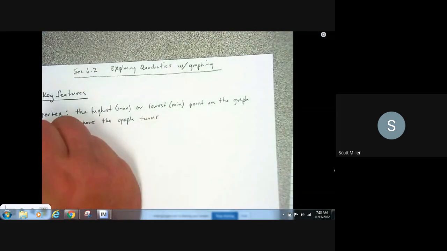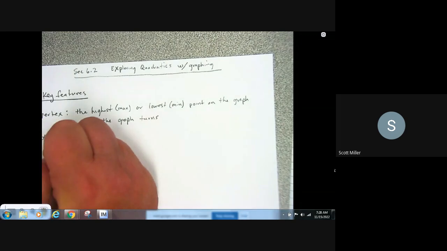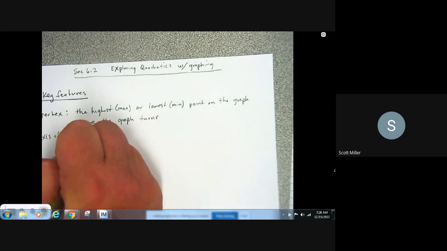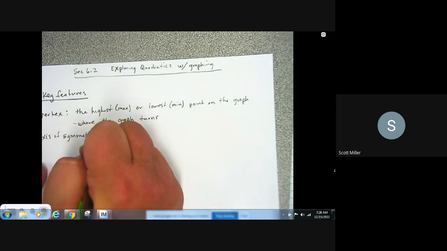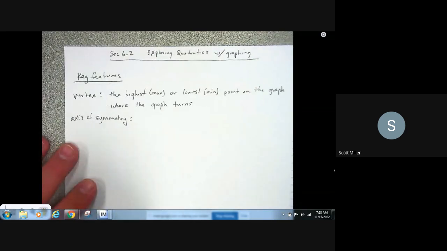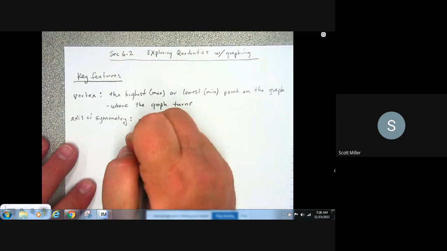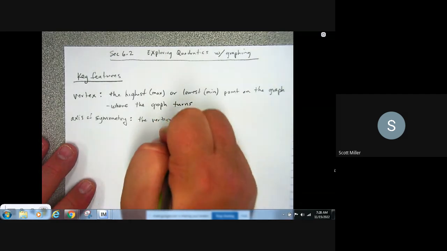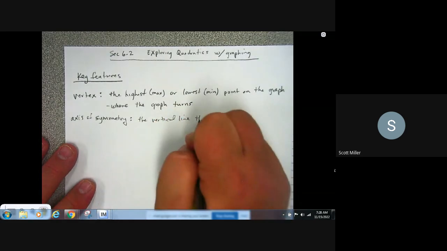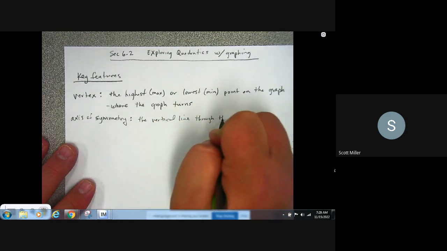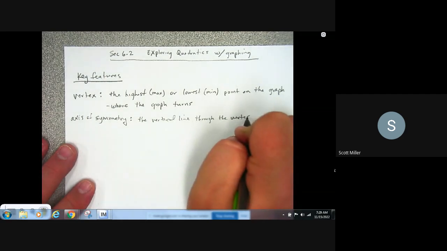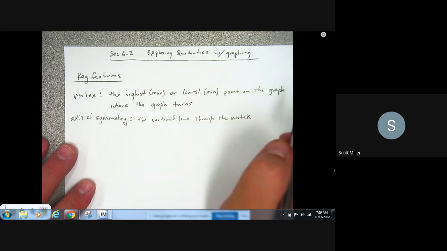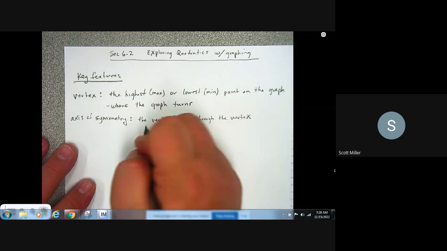Every quadratic has an axis of symmetry. What is the axis of symmetry? The axis of symmetry is the vertical line through the vertex. What does it mean?